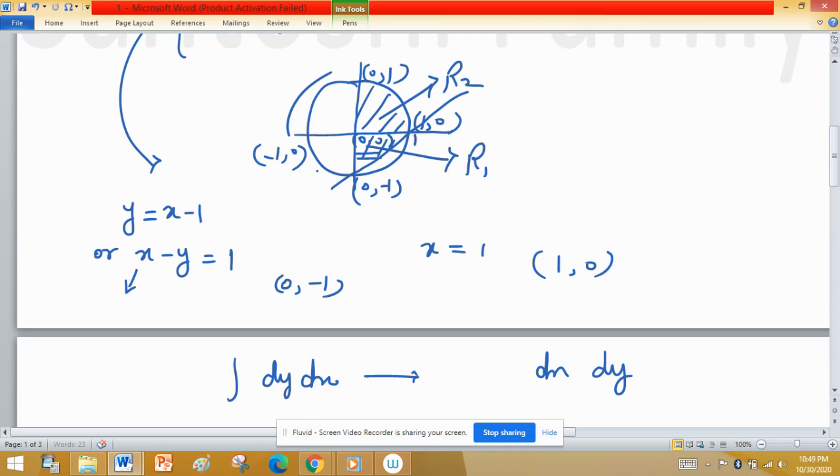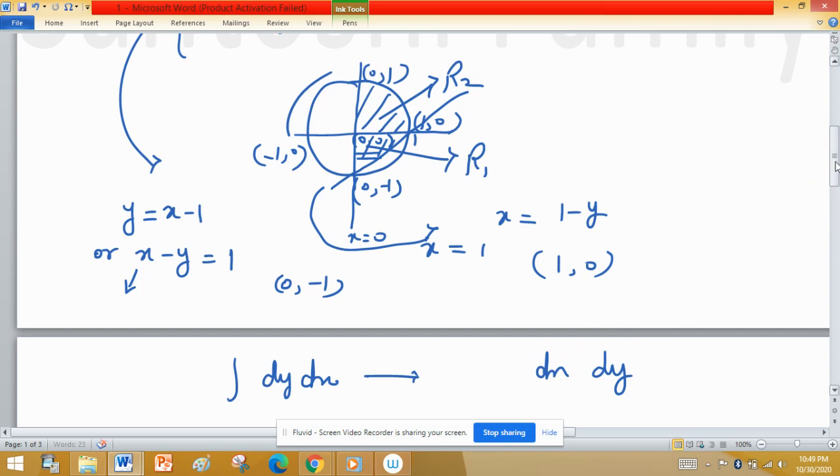So this is the strip parallel to the x-axis. It goes from this y-axis, it means x equal to 0, to this line, the equation of line x equal to 1 minus y.